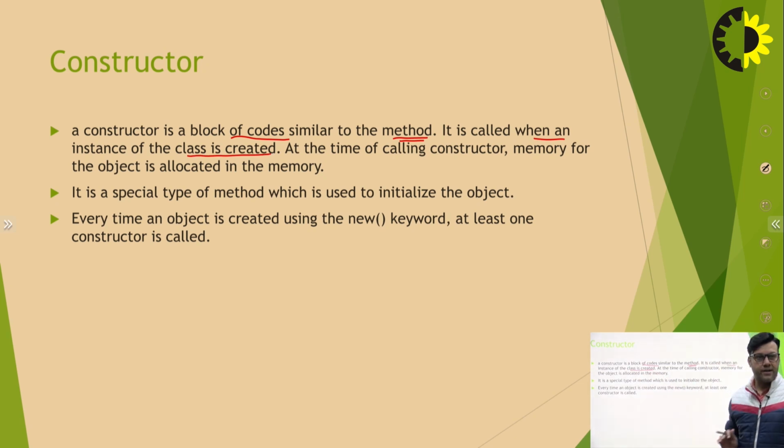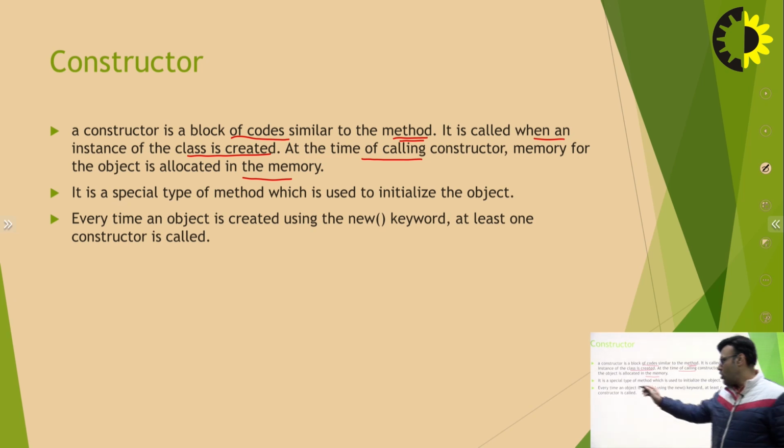At the time of calling the constructor, memory for the object is allocated. It is obvious, because when we create an object, it takes some memory. Whenever we create the instance of a class, the constructor is called.